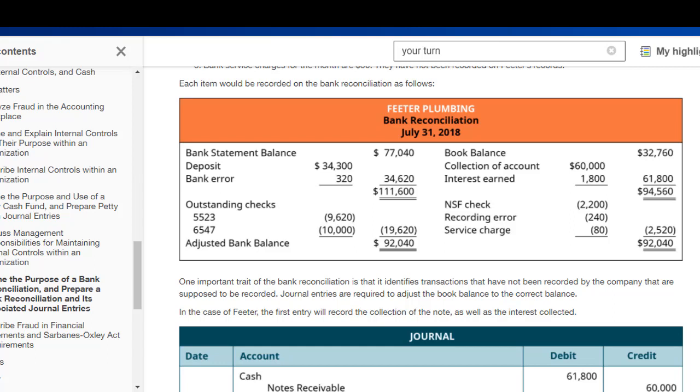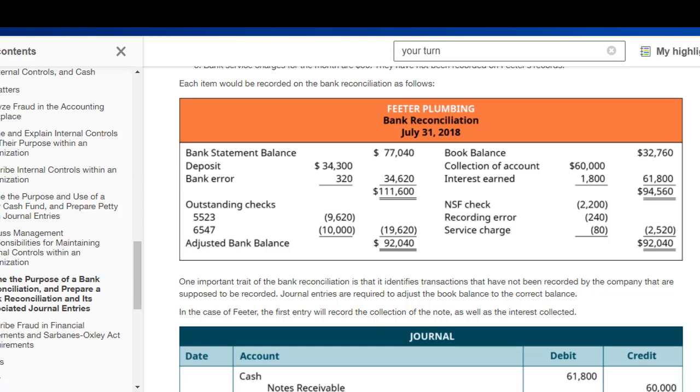But at least in this situation, by far, the biggest error of all that you made was forgetting to record the fact that someone paid you $60,000. It got into the bank, so the bank knew about it and you didn't. Again, it's not good to make errors, but at least this was an error on the pleasant surprise side.